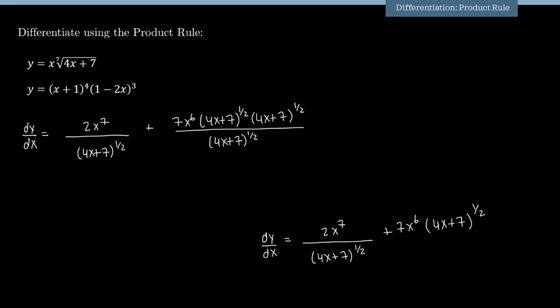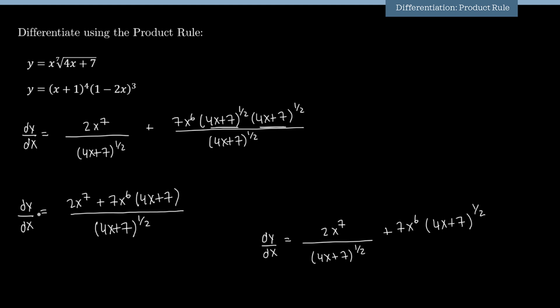Now since the denominators of these two fractions are the same, I can add these two, and then dy upon dx would be equal to 2x to the 7 plus 7x to the 6, and these two terms have the same base, so the powers are going to get added. 1 upon 2 plus 1 upon 2 is 1, so 7x to the 6 times 4x plus 7. And in the denominator, I'll have 4x plus 7 whole power of 1 upon 2.